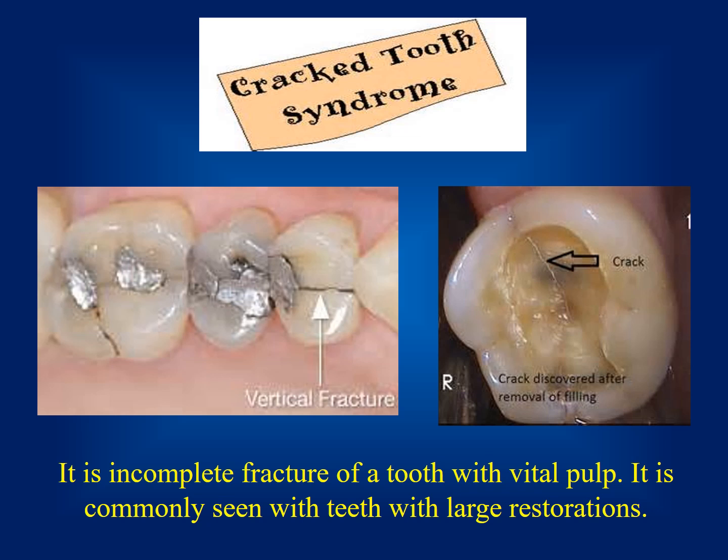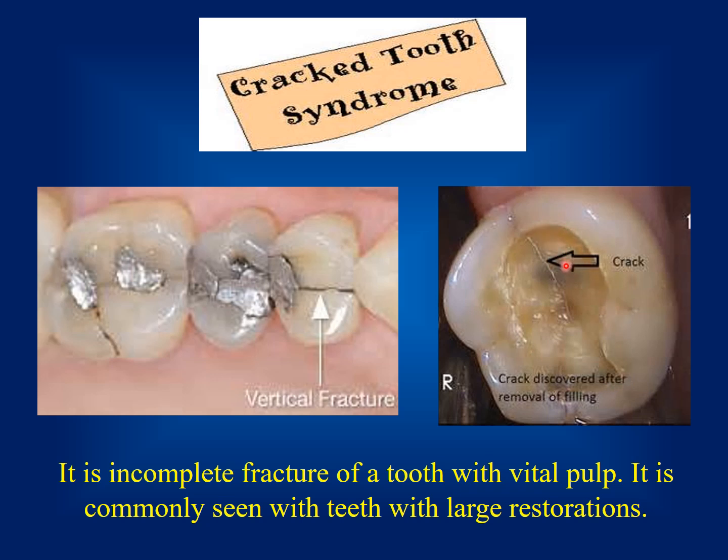When the tooth experiences a fracture, whether it is vertical or horizontal, we can see that may be clinically evident, or sometimes the patient comes and says that he has got severe pain, and we see that there's a filling, and this filling doesn't show any signs of a crack.